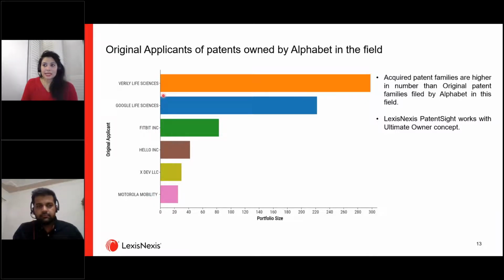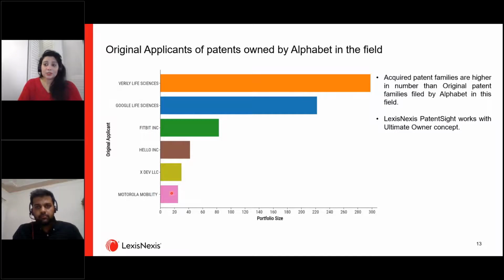The number of patents that are originally Alphabet's patents are outnumbered by the ones that have been originally applied by other applicants. So if you want to understand what Alphabet is doing, definitely it is trying to get a foothold in the healthcare industry, particularly in digital health, and it has acquired patents from other companies as well.